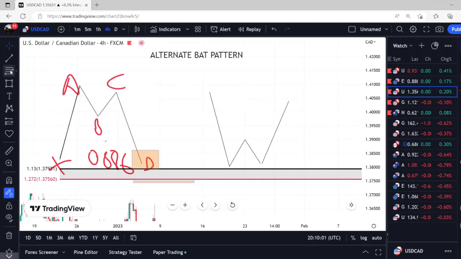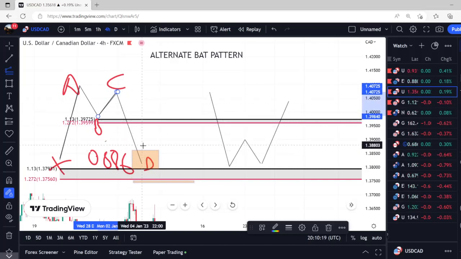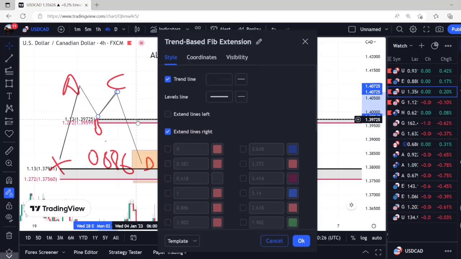Then the other measurement that you need is your CD extension leg. You measure from C to B back to C. This leg has to be between 2.0 to 3.618 for the C to D measurement. We need to look for the number between 2.0 and 3.618 that is the closest to our D leg.